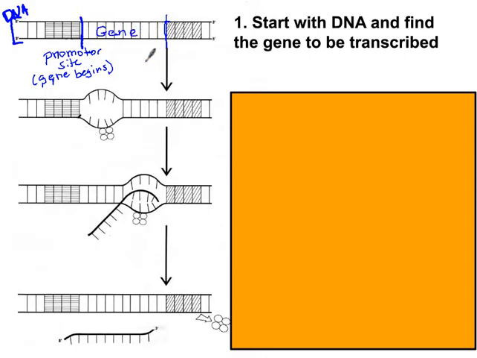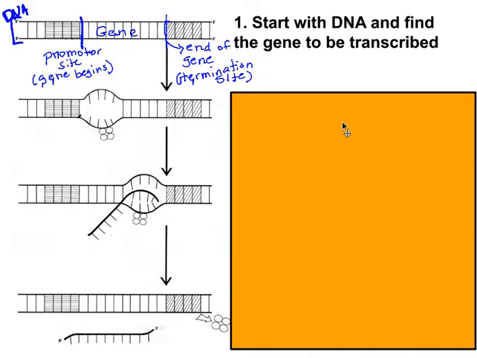This is the part that we want to use to get our instructions for our mRNA. Now right here is the end of our gene, and the end of the gene is called the termination site. All right, so we found our gene.